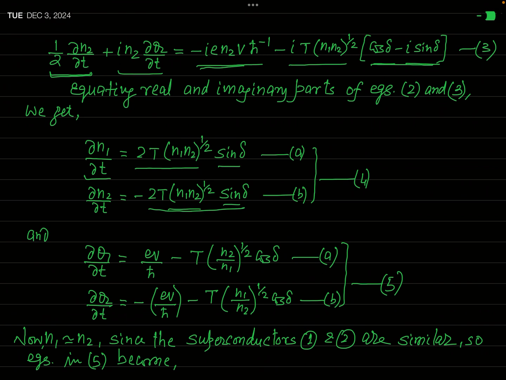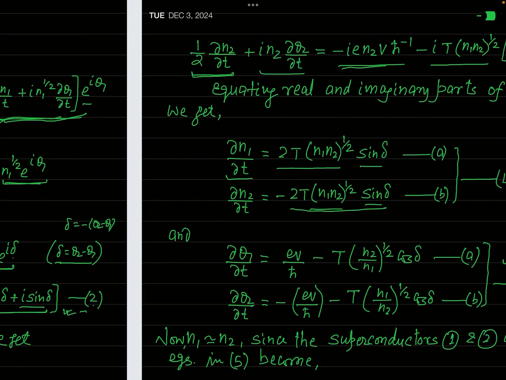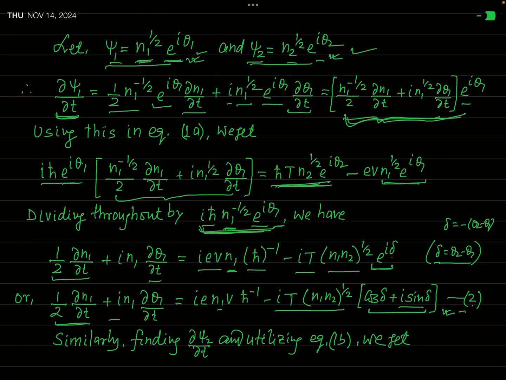In the same manner, when you equate the imaginary parts of equation 2 and equation 3, you will get these two results. I am not doing the algebra, you can do it. This is a very simple thing.